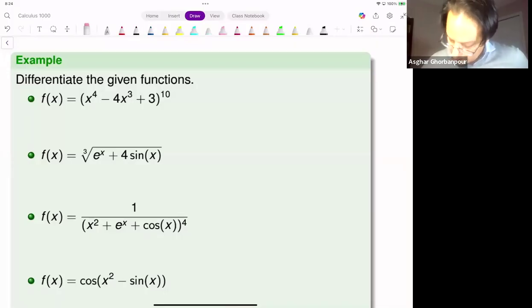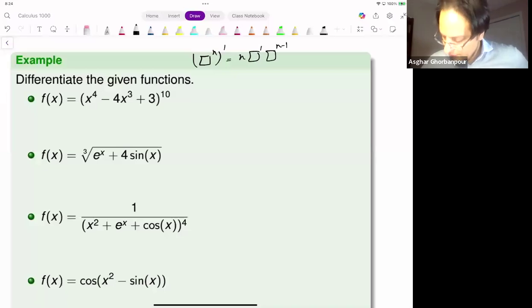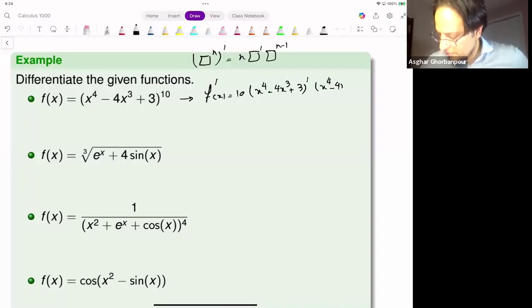Yes, here you're trying to do the derivative of chain rule plus power rule. When you find the derivative it is n times box prime times box to the power n minus 1. So in this case, f prime of x is 10 times (x^4 - 4x^3 + 3) prime times (x^4 - 4x^3 + 3) to the power 10 minus 1, 9.